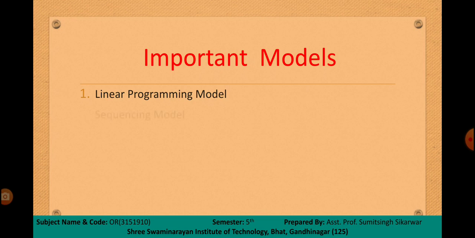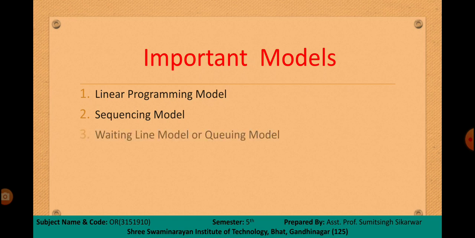Our another model is the sequencing model. When a manufacturing firm has some job orders which can be processed on two or three machines, and the processing time of each job on each machine is known, then the problem of processing in a sequence to minimize the cost or time is known as the sequencing model. Next is the waiting line model or queuing model.